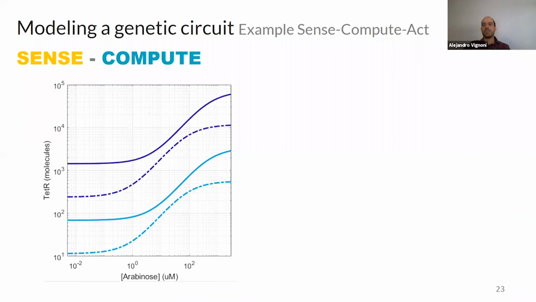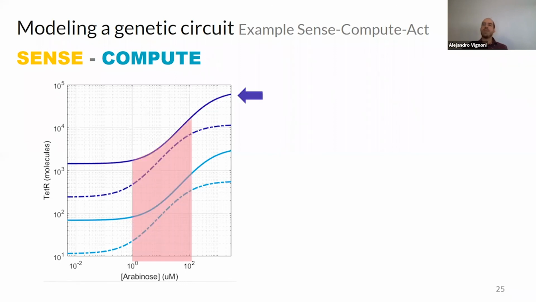So imagine that we have these 4 constructs in mind to make the construct in the lab, because we have availability having the different RBSs and the different plasmid copy numbers, depending on where we clone this part, okay? And then we have a useful range of arabinose that we can pipette, let's say, or that we decide that we want to be able to sense in that interval from 1 micromolar to 100 micromolar, okay?